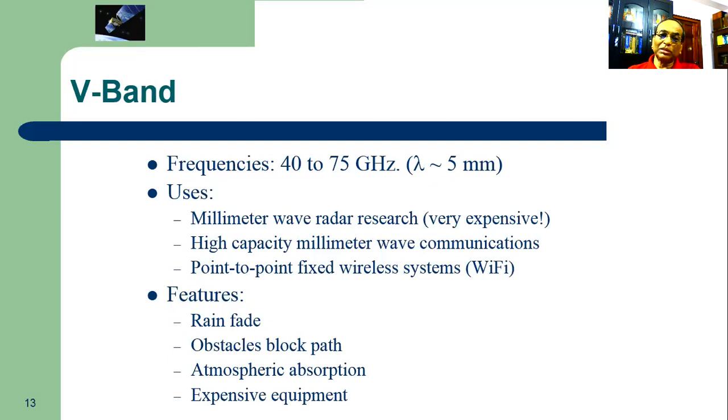V band frequencies 40 to 75 gigahertz, lambda 5 millimeter. The uses of this band are military, wave radar research applications, very expensive, high capacity millimeter wave communications, point to point fixed wireless system, Wi-Fi application.